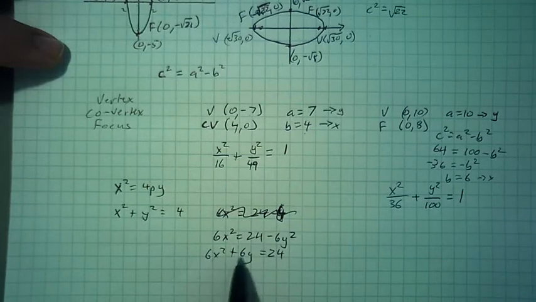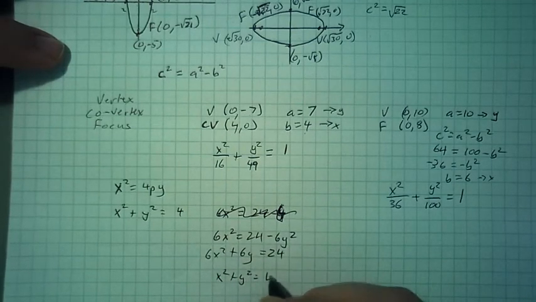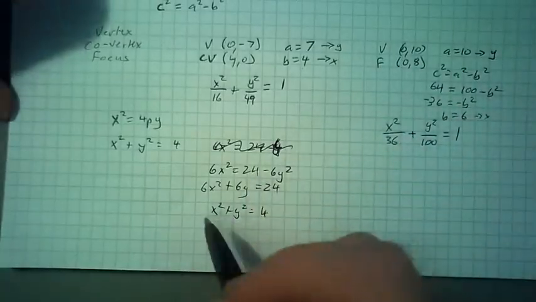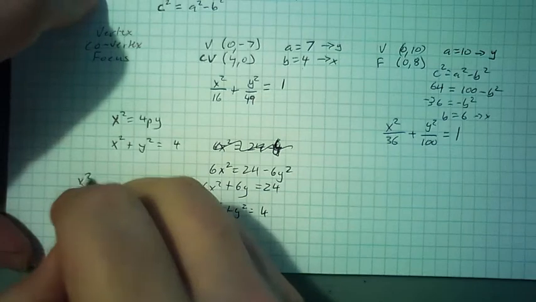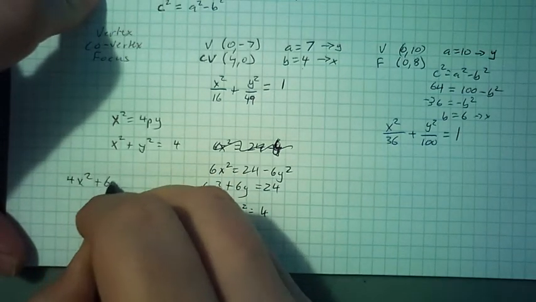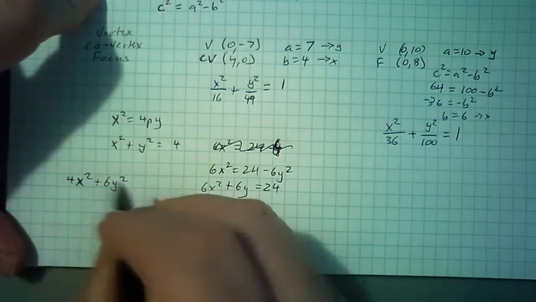Because for a circle, they're going to be the same, so you can divide by 6 and get your standard form for your equation. For an ellipse, what you're going to see is that the coefficient of the x squared and the coefficient of the y squared are not the same.